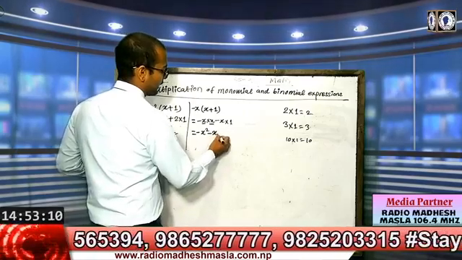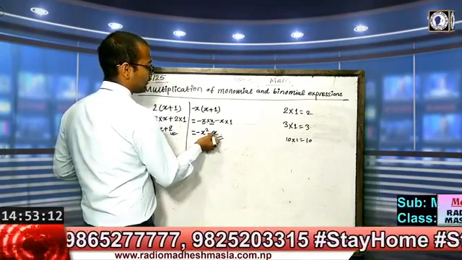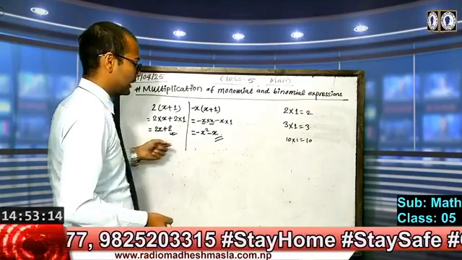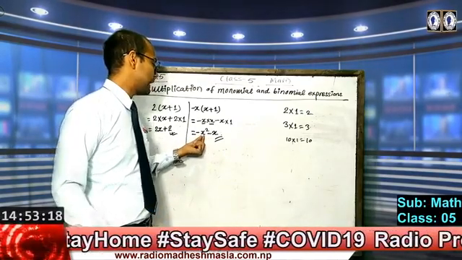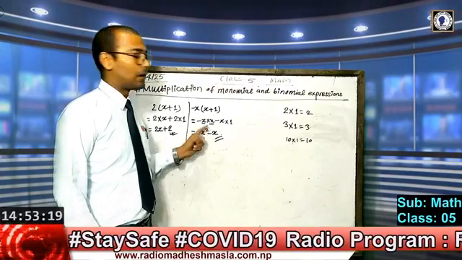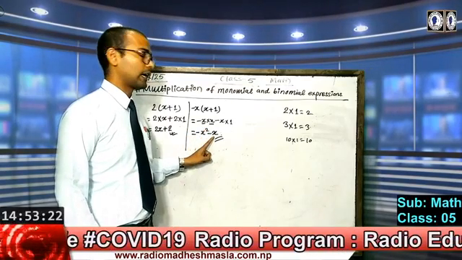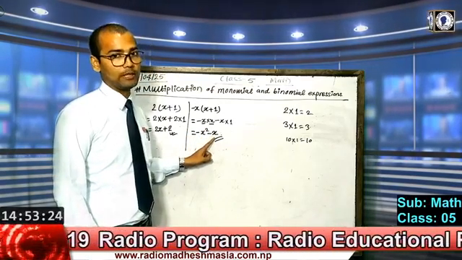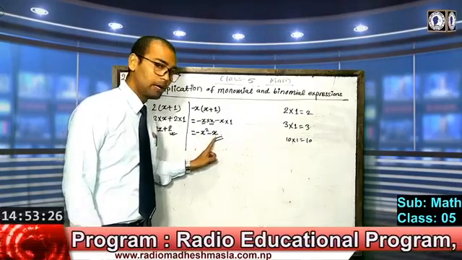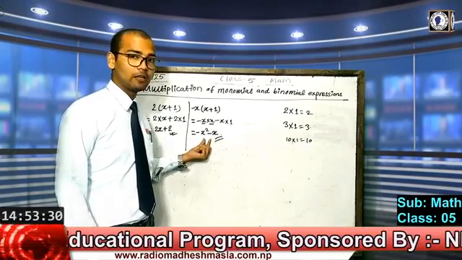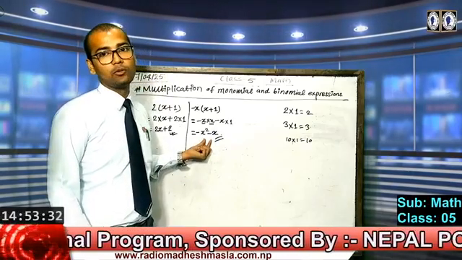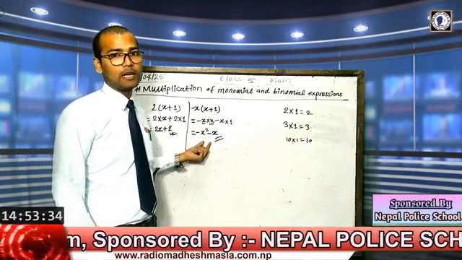So our answer is x square minus x, because yes, they are unlike terms. The first one has power 2, but the second one has no power, which means power 1. Their bases are the same, but their powers are different, so they are unlike terms.